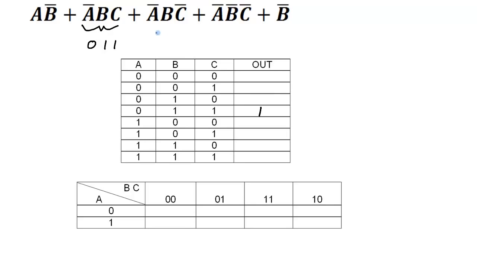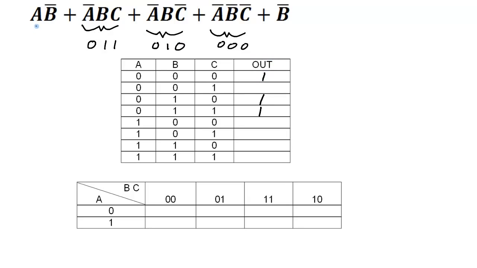Not A, B, not C. That corresponds to 0, 1, 0, the 0, 1, 0 row in the truth table. So there will be a 1 there. The not A, not B, not C corresponds to 0, 0, 0. So that is this box in the truth table.